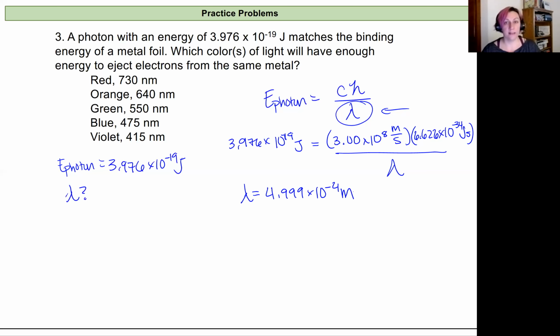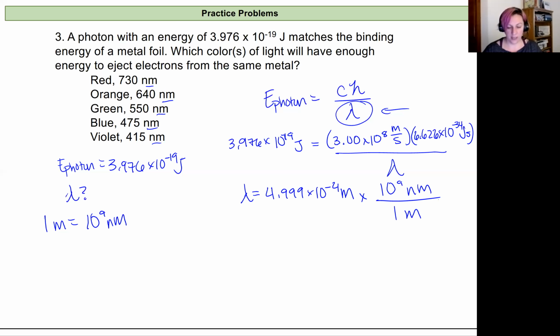So for comparison's sake, I'm looking at units of meters, and all of my wavelengths of light are in nanometers. So I'm going to convert using the metric system, where 1 meter equals 10 to the 9th nanometers, to figure out what this corresponds to in nanometers. I'm going to take this value and multiply it by 10 to the 9th nanometers and divide that by 1 meter.